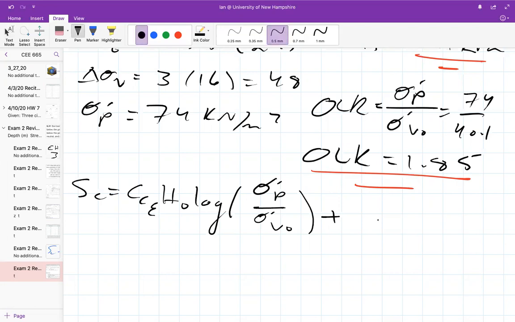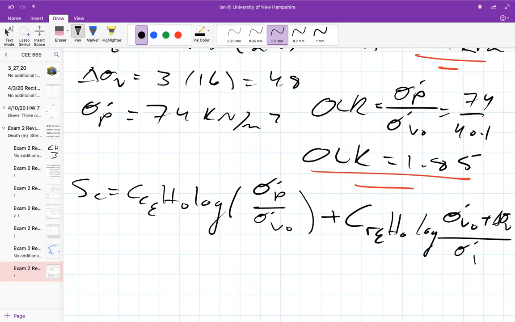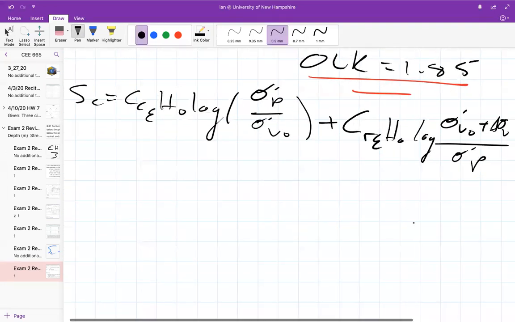Then we'll have C sub R epsilon H naught log of sigma V naught plus delta sigma V over the pre-consolidation pressure.